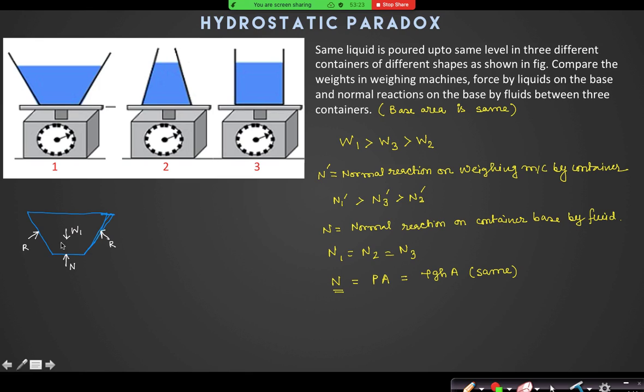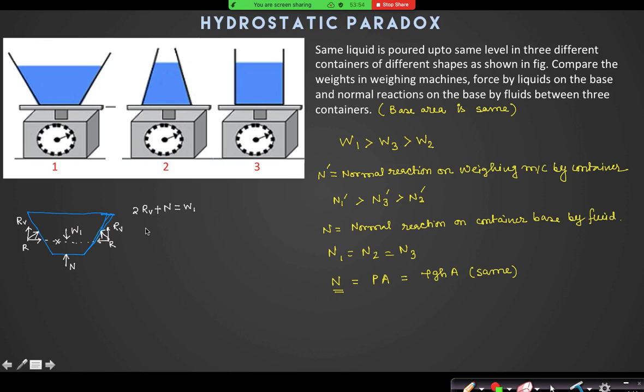So what equation can I write? Can I say that these side forces will have two components? The horizontal components cancel each other. Yes. But their vertical components will add up to RV. So 2RV plus N is equal to W1.